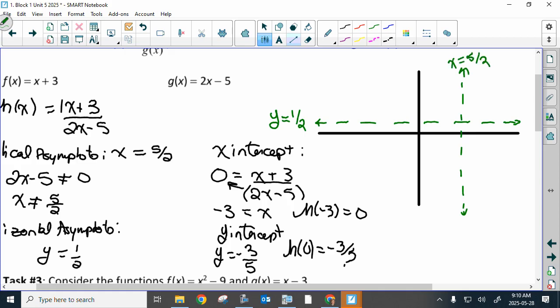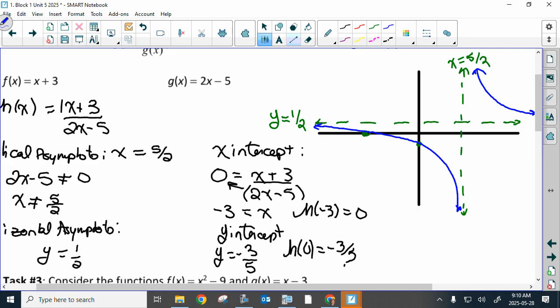And then I've got negative 3 and 0. So negative 3 and 0 as my x-intercept. My y-intercept is 0 and like negative 3/5, which is telling me that I'm going to get infinitely close to the asymptote. I'm going to come around. And then you have to think about that rotational symmetry where the asymptotes intersect, right?